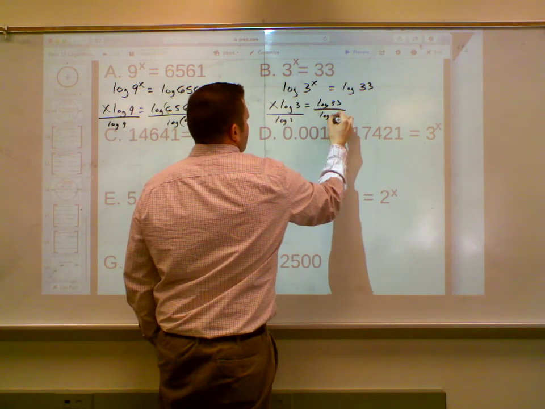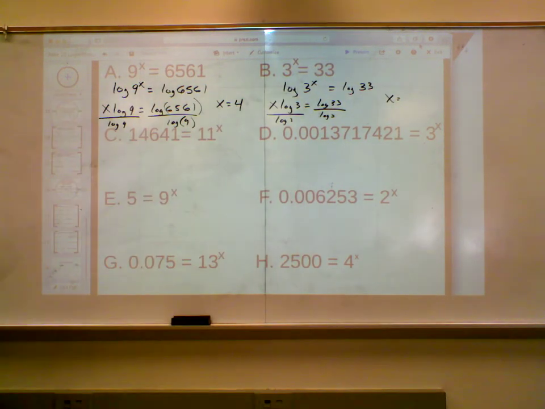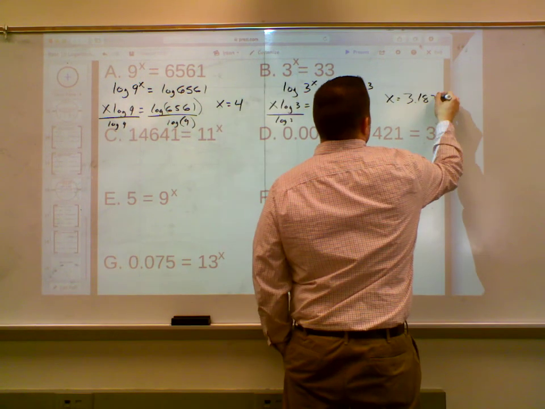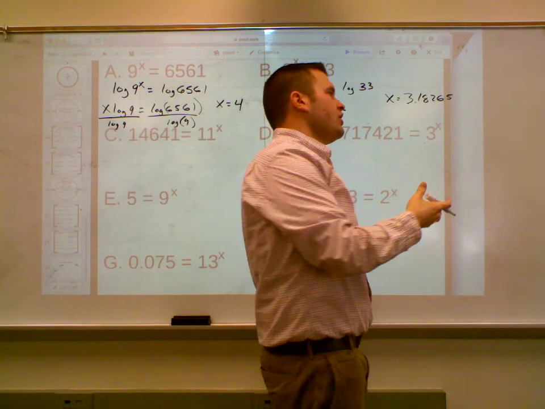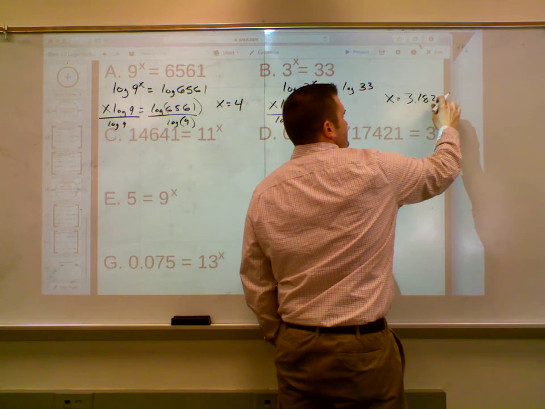So log 33 divided by log 3. 3.18265. I forgot to close my parenthesis. It's 3.18265, and it keeps going, right? Now if I tell you to keep 4, then the 5 makes the 6 into a 7.